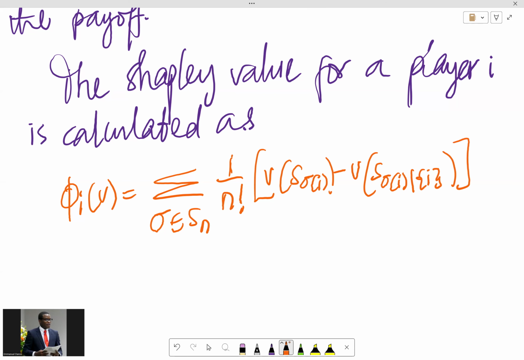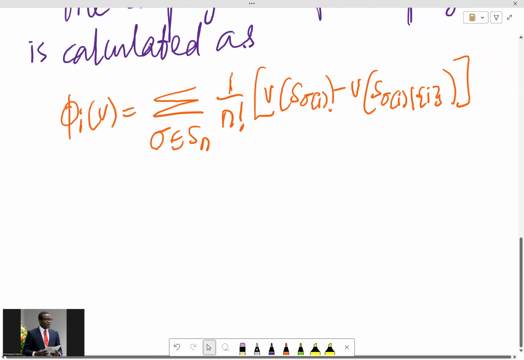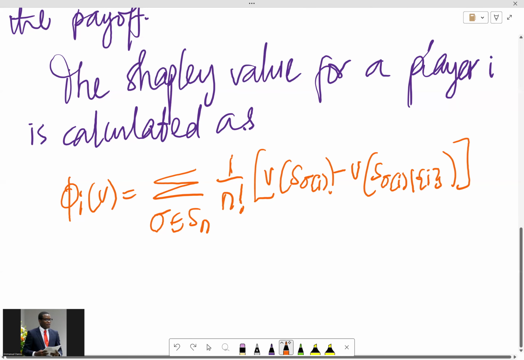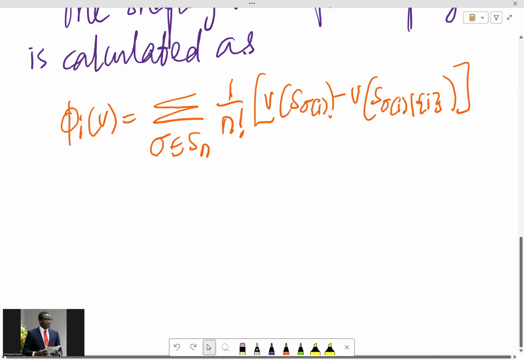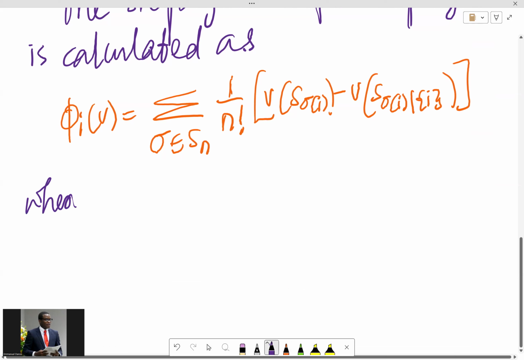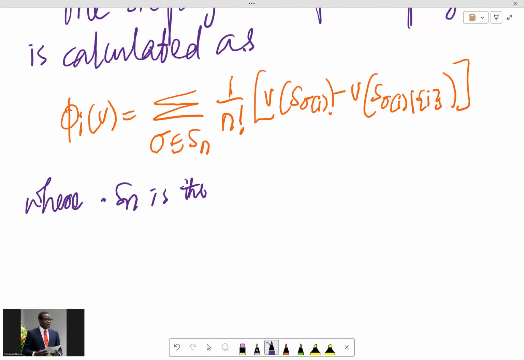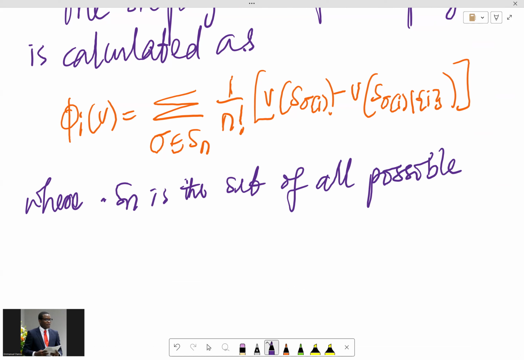Something like this, where S_n is the set of all possible permutations of the players.